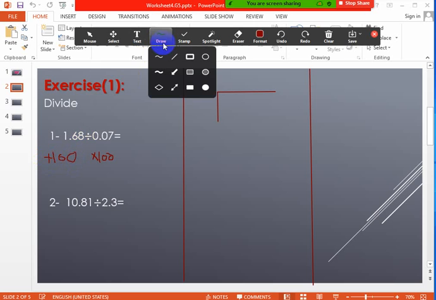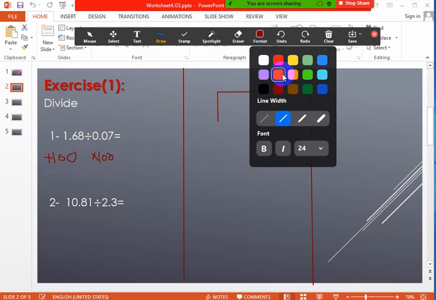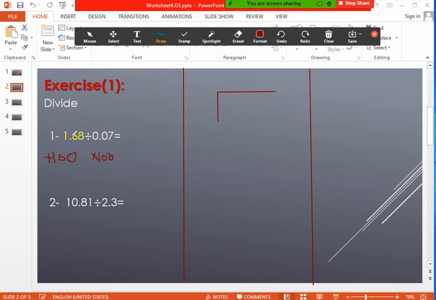If I multiply 1.68 by 100, I move the decimal point two places to the right, because I have 2 zeros. So the number becomes 168. And if I multiply 0.07 by 100, the number becomes 7.